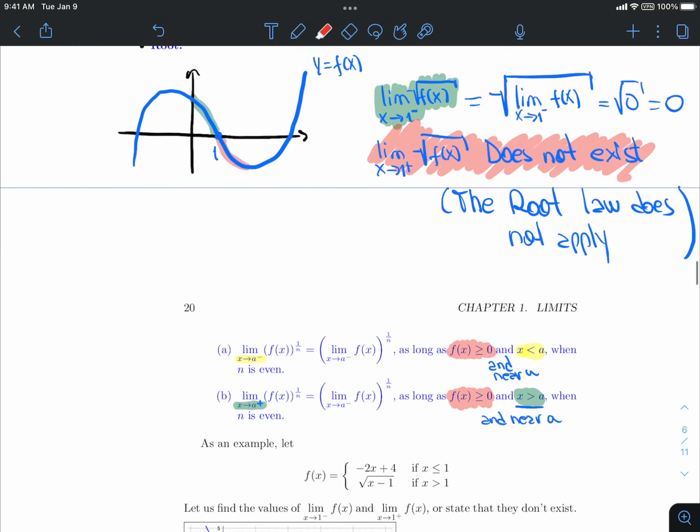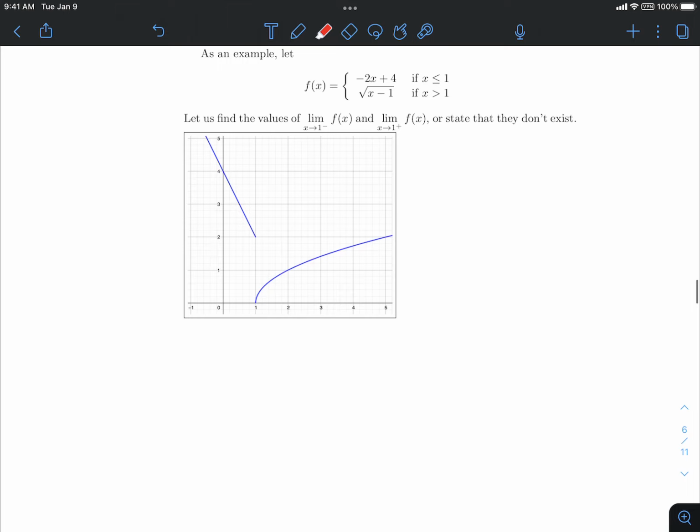Cool. Let's go to an example. Here is this function. We have f of x equals minus 2x plus 4 when x is less than or equal to 1, and f of x equals root of x minus 1 when x is greater than 1. Let us find both limits. The limit as x approaches 1 from the left of f of x means x is to the left of 1, so less than 1.